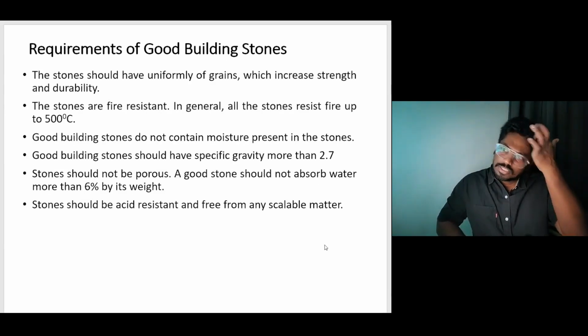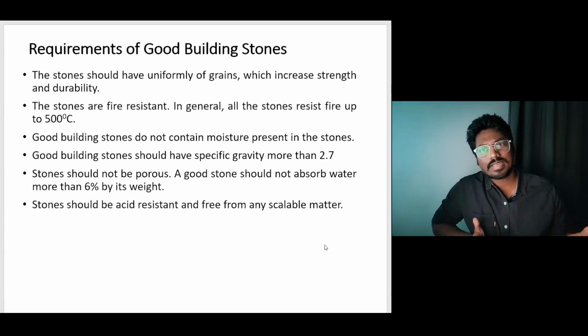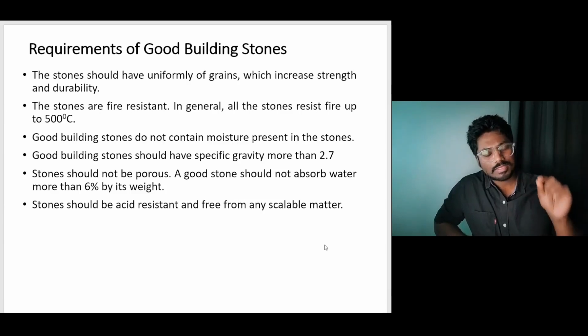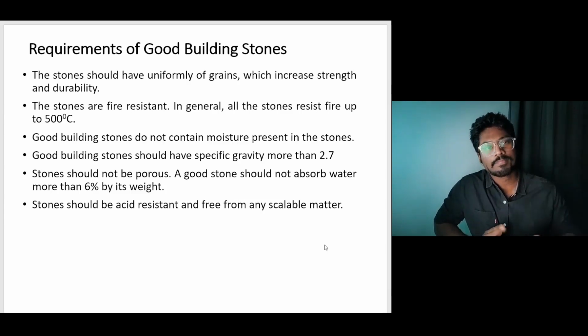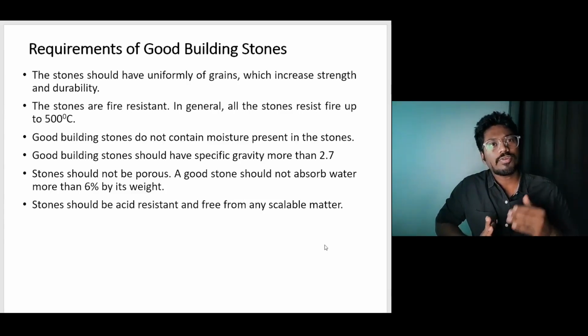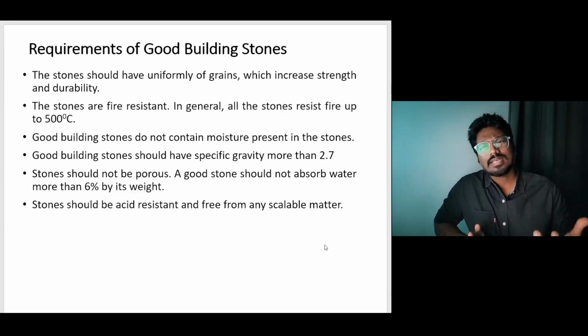Next, the stone should have a uniform grain, which increases the strength and durability. Uniform grain is about the minor particles which comprise the stone. When you look into a stone, at the small grain particles which you see, if the grain size is more uniform throughout the stone, you can expect it to perform well in terms of its durability and strength.